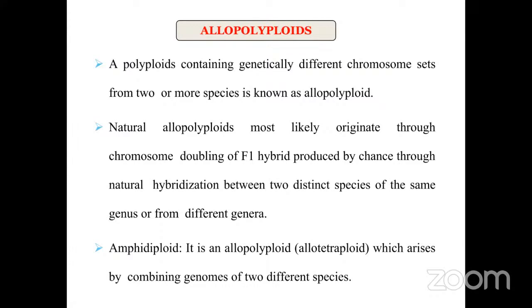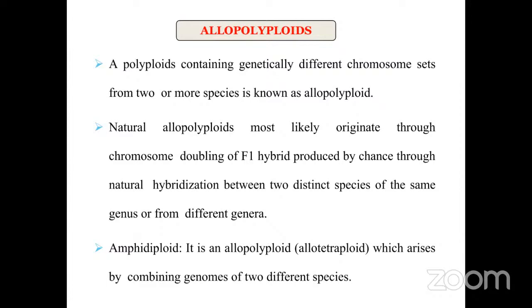A polyploid containing genetically different chromosome sets from two or more species is known as allopolyploid.